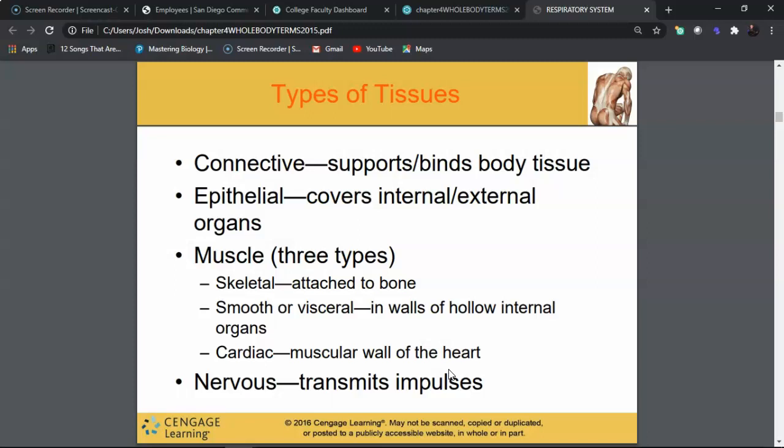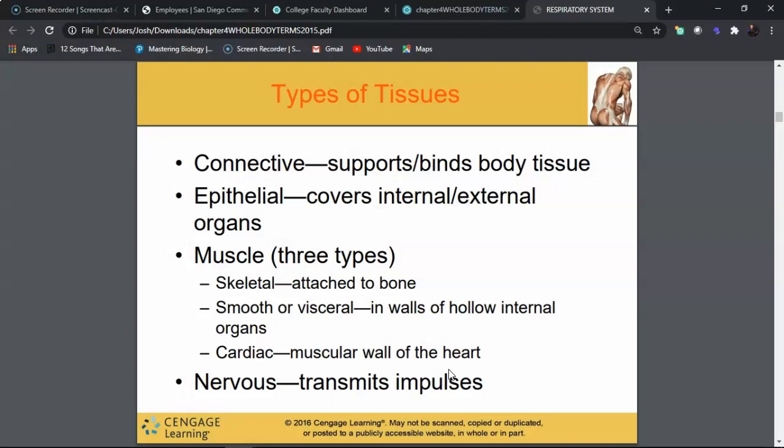Then we have 2 specific types of tissues that are very important: muscle and nervous tissue. Nervous tissue is a specific tissue that can transmit nervous impulses by the movement or changing in permeability of ions. Okay, and then we have muscle tissue, and muscle tissue has 3 different types.